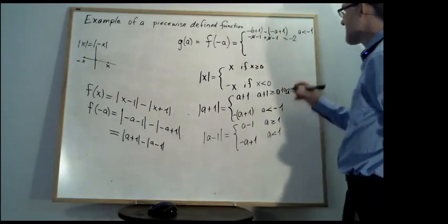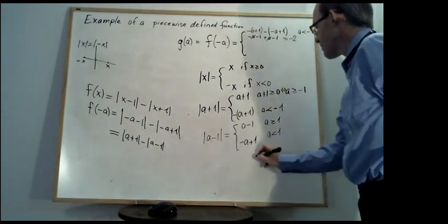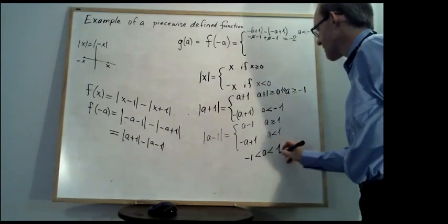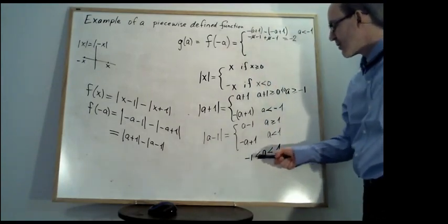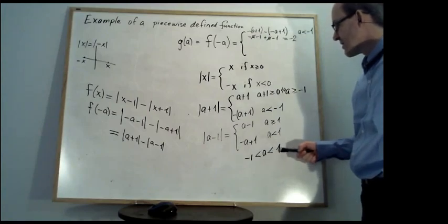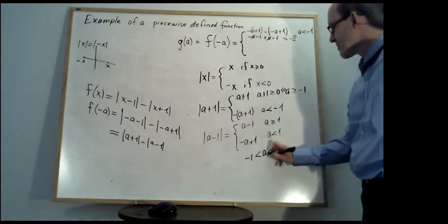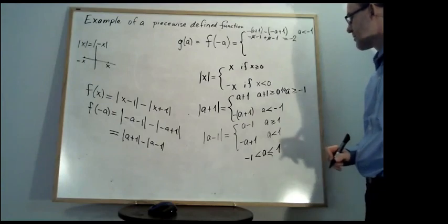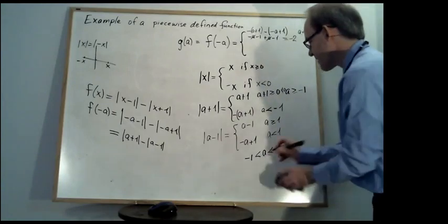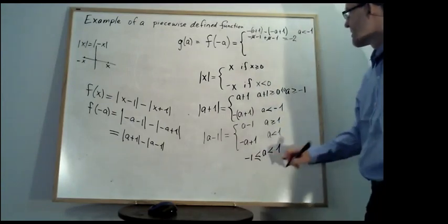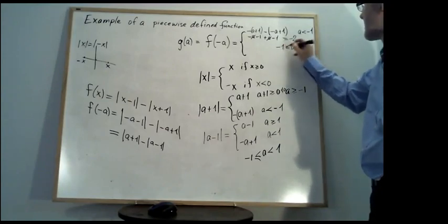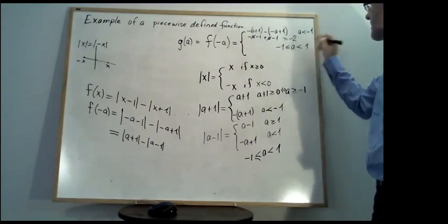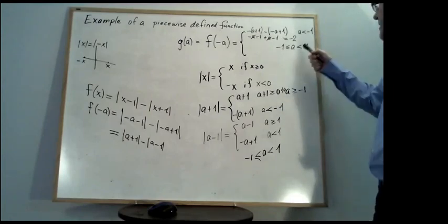What if a is between -1 and 1? So that's the next interval. I go for a greater than -1 up to and possibly including +1. Actually, I put the equal sign with the -1. So it's sort of symmetrically described here.